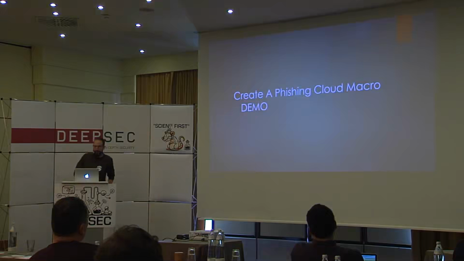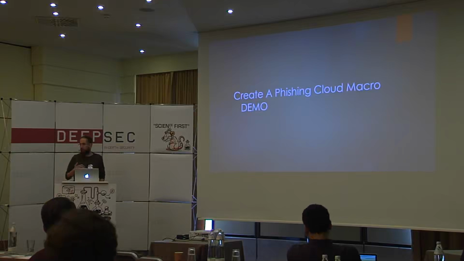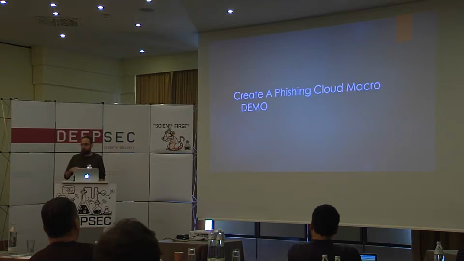What Google did in order to prevent this kind of attack or this kind of scenario is prevent UI elements from popping up from triggers like onOpen or onEdit or stuff like that.